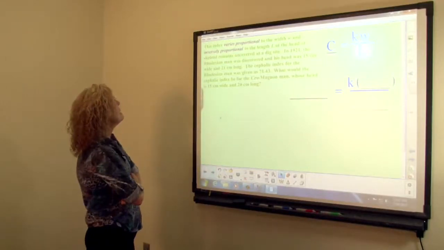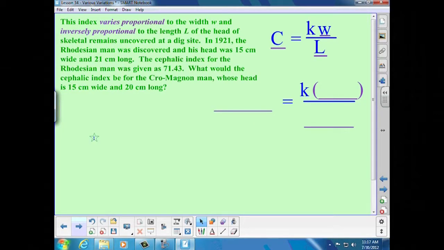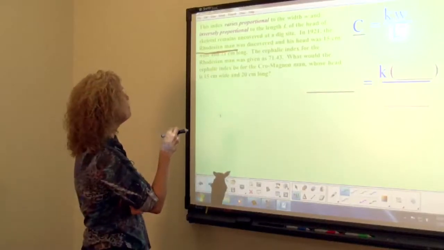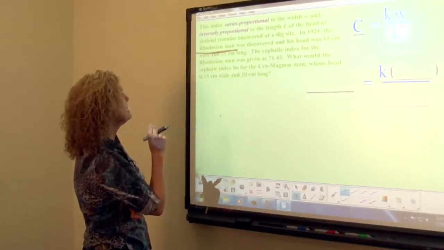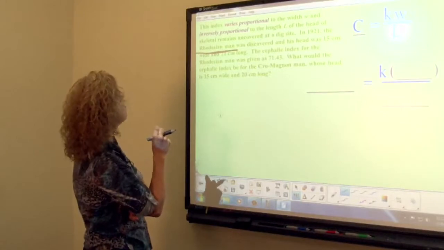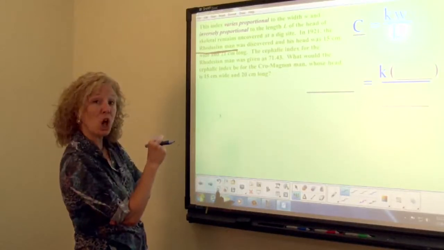And then I said, okay, in 1921, I think this is all accurate, the Rhodesian man was discovered. I don't know if you've ever heard of him or not. But when they measured, his head was 15 centimeters wide and 21 centimeters long.